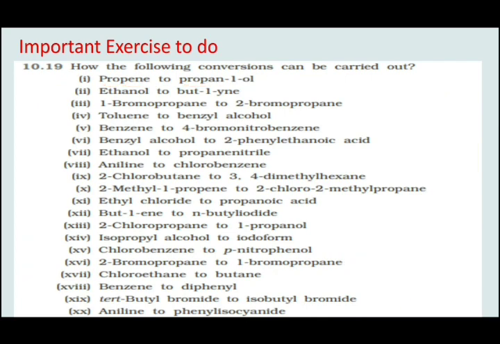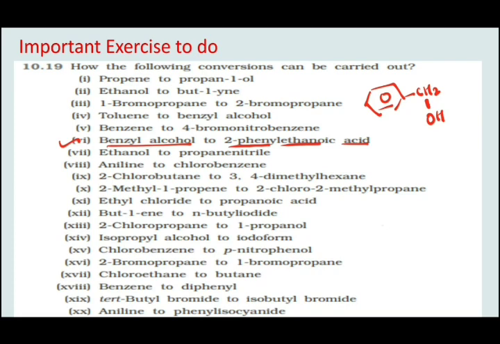Let me take another random question. Suppose this one, 6th one, benzyl alcohol to 2-phenyl ethanoic acid. Now let's draw. What is benzyl alcohol? We know that benzyl position is this one. So this is benzyl alcohol, and we have to make 2-phenyl ethanoic acid.